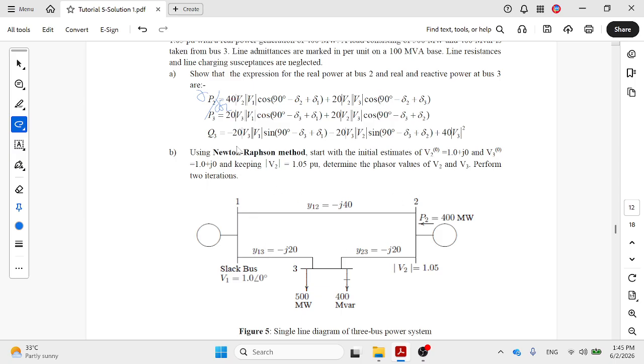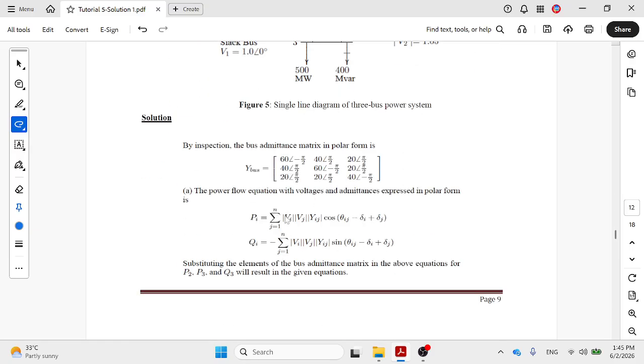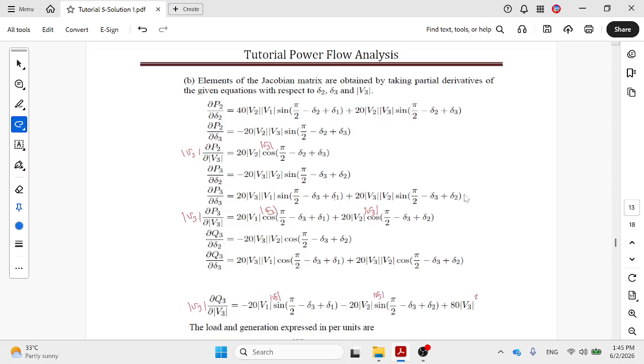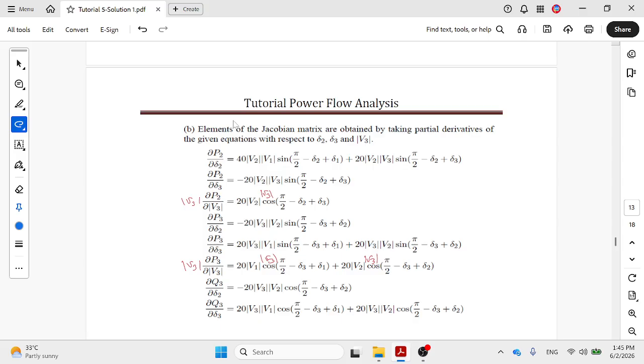Which is here, and then P2 over delta 3, P2 over absolute of V3, and again P3 over delta 2, delta 3, and V3 times round of P3 over round of V3, and the others you can see 1, 2, 3. Okay, so nine unknowns you have to calculate.